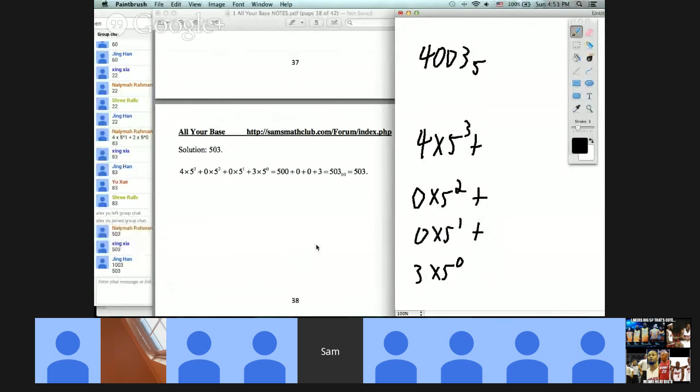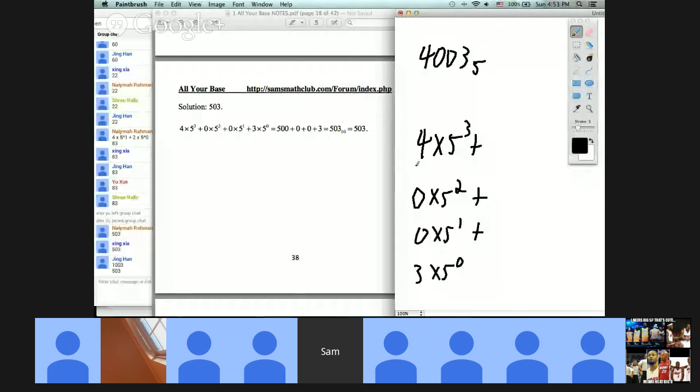Nice. Again, if it was in base 10, which is what everybody uses, it would be 4 times 10 to the power 3. But since it's in base 5, you have to do 4 times 5 to the power 3. Regularly there'd be 3 10s, but now there's 3 5s, so 5 to the power 3. Once you add this up together, you should get 503.